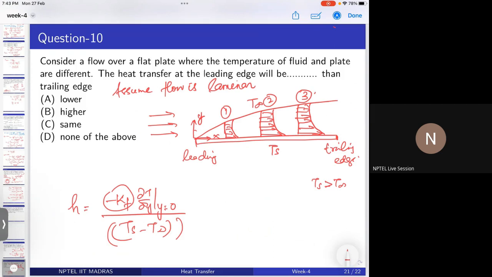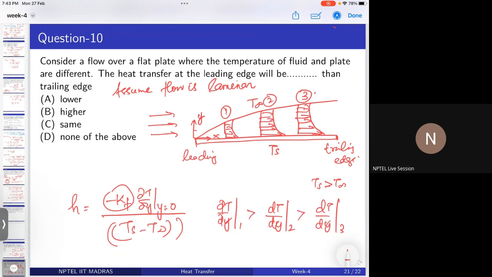Which gradient will be higher, which gradient will be lower? Means dT by dy at location one, dT by dy at location two, dT by dy at location three. Sir, this gradient is decreasing. The gradient is decreasing, so the higher gradient will be for one, followed by two, then three.